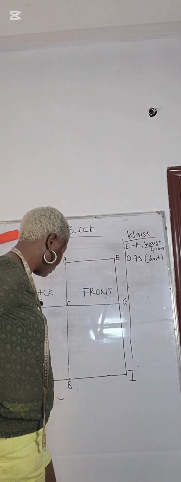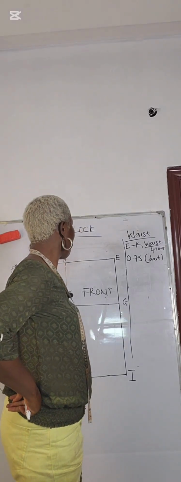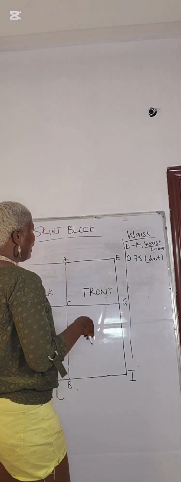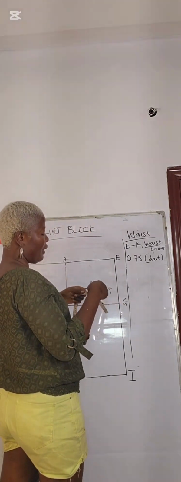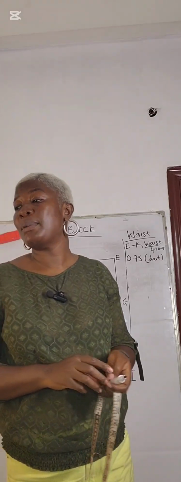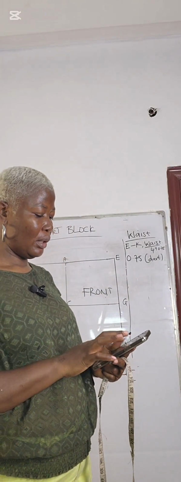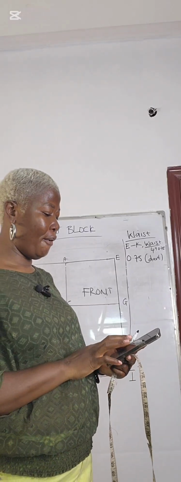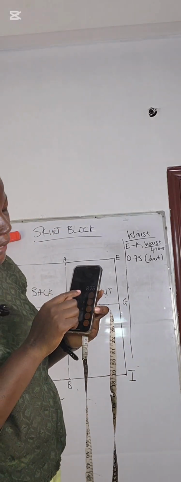Now, I'll measure my waist. My waist is 35. 35 divided by 4 is 8.75.